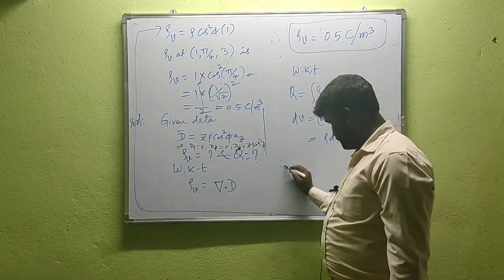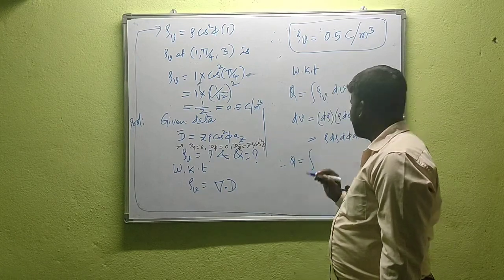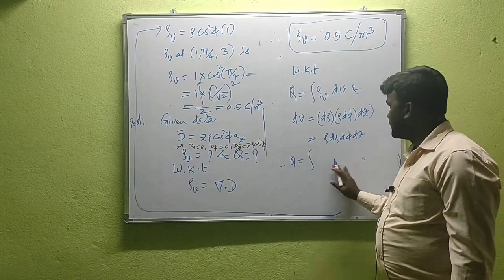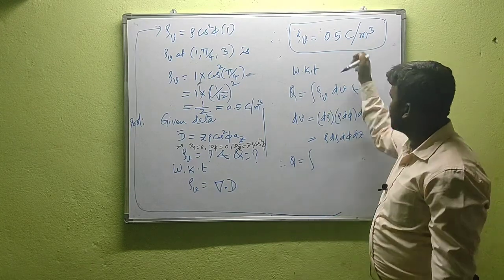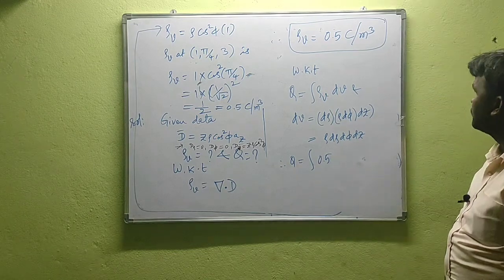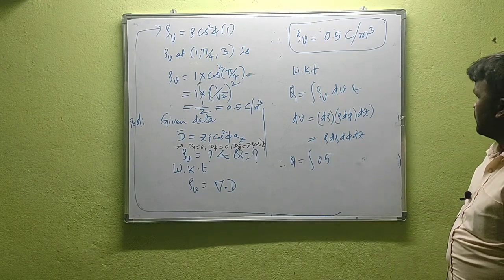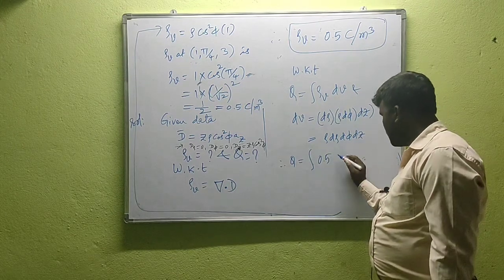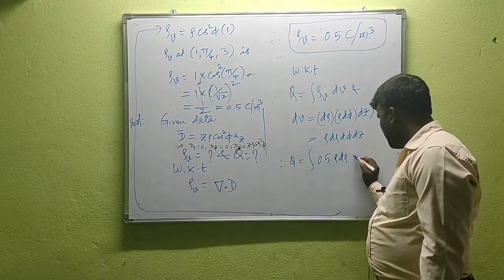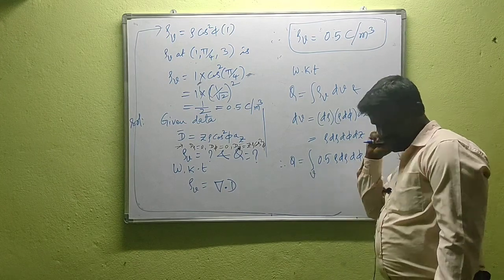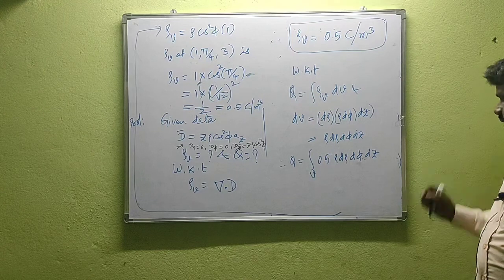Therefore, Q equals the integral. As it is a volume integral, let us write it like this. Rho v is already determined as 0.5, and dv can be written as rho d rho d phi dz.